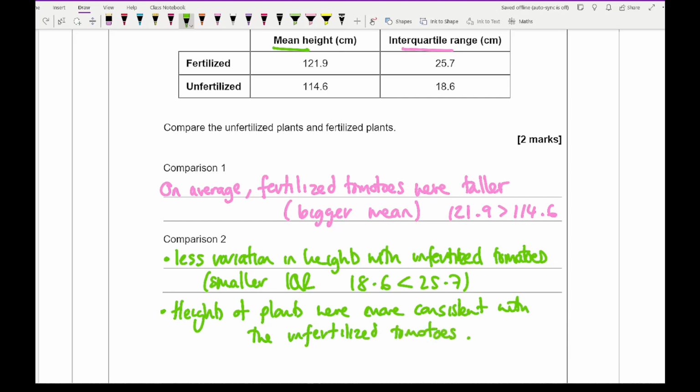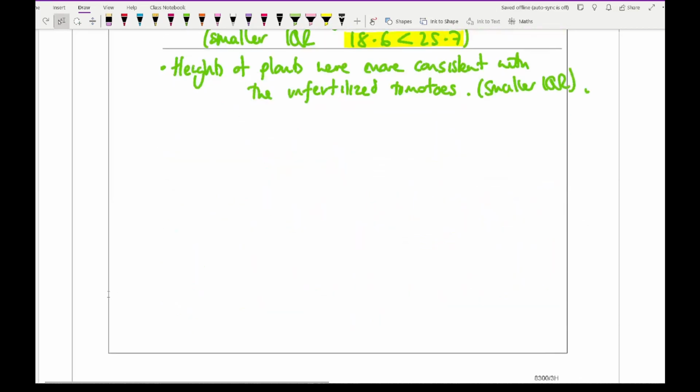And again, we want to quote a smaller IQR. And there we go. So anything along those lines would be fine, but I strongly would say, even though it's only worth 1 mark, always try and state what mathematics you're using to prove that statement that you are claiming.